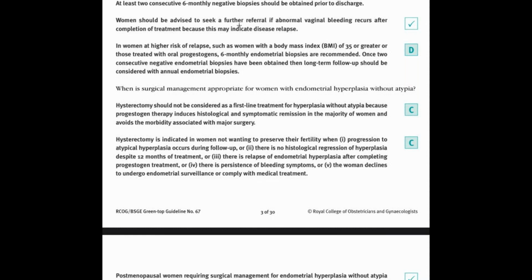Now, when is surgical management appropriate for a woman with endometrial hyperplasia without atypia? Hysterectomy should not be considered as a first-line treatment for hyperplasia without atypia. I've seen some candidates who, once they find that the patient is around the age of 50, has completed her family or is postmenopausal, say, okay, let's take everything out, let's take her for a surgical procedure.